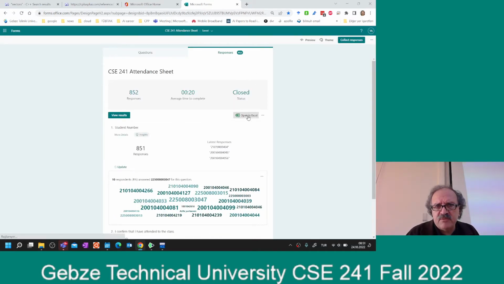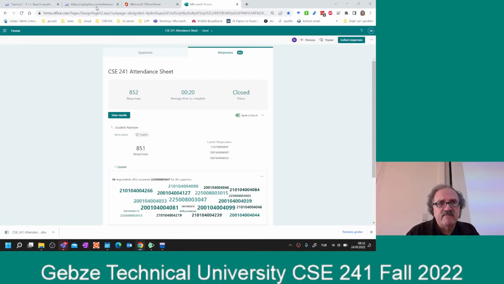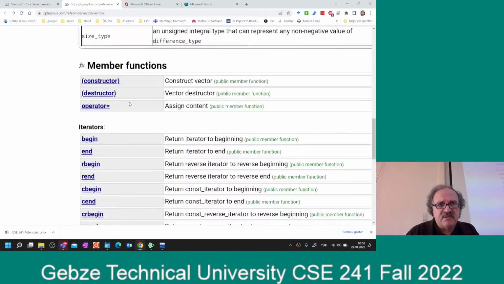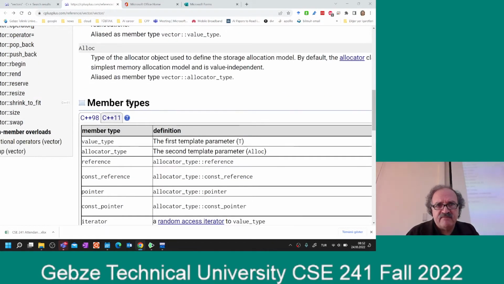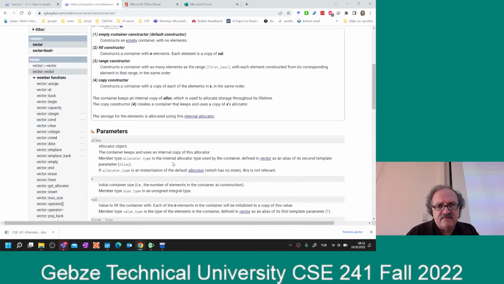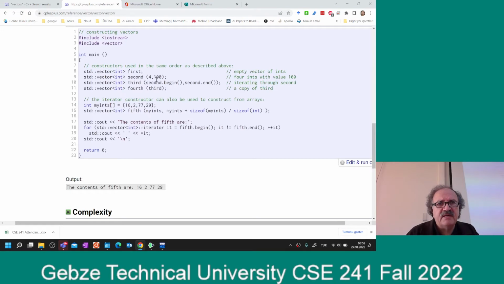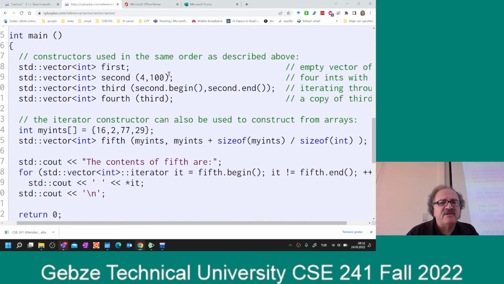Okay, close and open in Excel. What I'm saying is, remember the constructor that takes this initial thing. I am initializing my vector with hundreds.